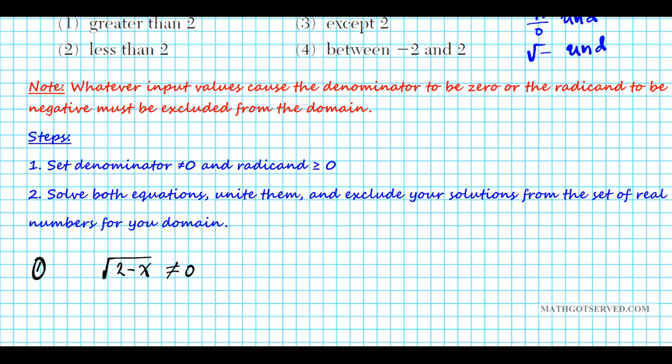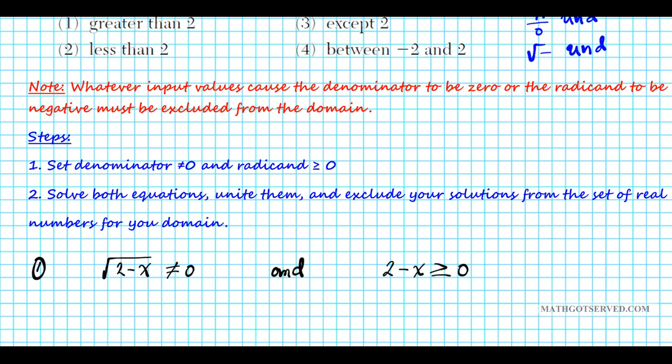If it does, you'll be dividing by 0, and you have an undefined output. And the argument of the square root, the radicand, must be positive. So 2 minus x has to be greater than or equal to 0. You can take the square root of 0, and you can take the square root of a positive number. If it's negative, then it's undefined. You have an imaginary output.